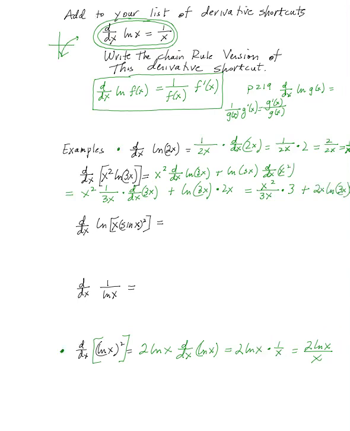That doesn't make sense. Okay, so I've got 3x squared over 3x plus 2x natural log 3x. That's just x plus 2x natural log of 3x.